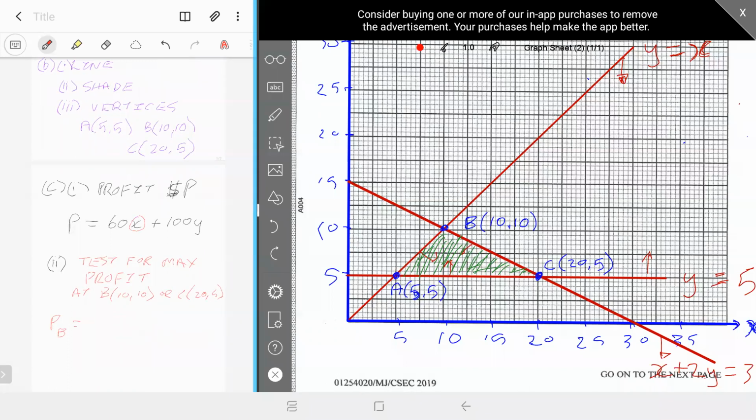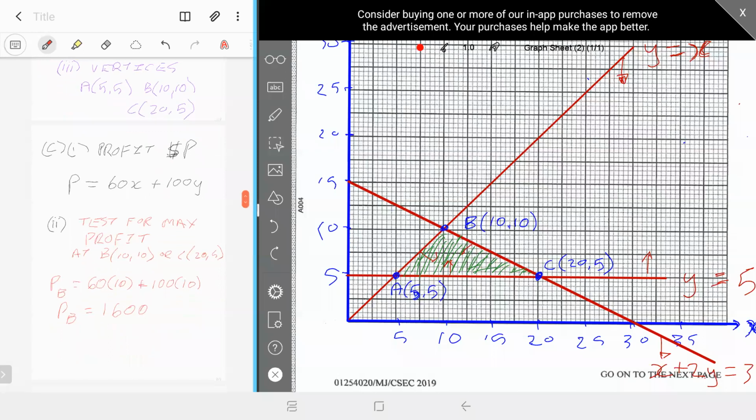We're going to put 10 here and 10 here. So it's going to be 60 times 10 plus 100 times 10. And what does that work out to? Profit at B works out to $1,600.